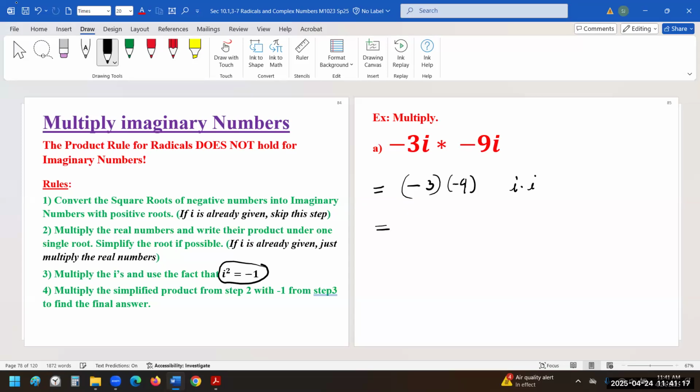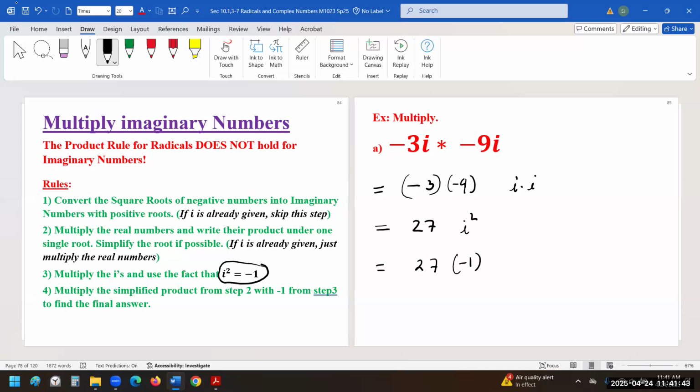What is negative 3 times negative 9? 27. And what is i times i? i squared. But what is i squared? Negative 1. See, when you have two imaginary numbers, they turn into a real number. That's something cool.